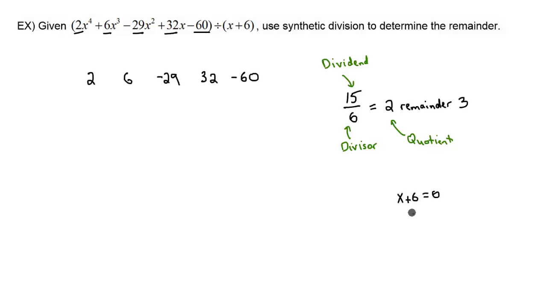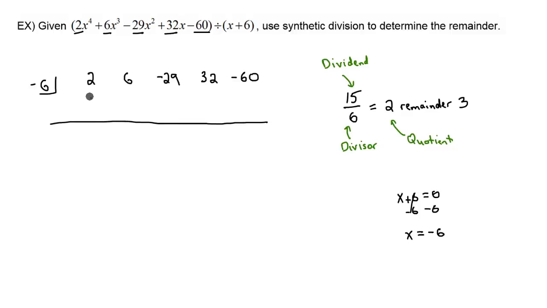I'm going to solve it for x. So I got to subtract 6 from both sides. That means I'm left with x equaling negative 6. Now, that x value is what I'm going to put up here in the top left-hand corner, and I'm going to draw a long line like this, and I could start the whole process.